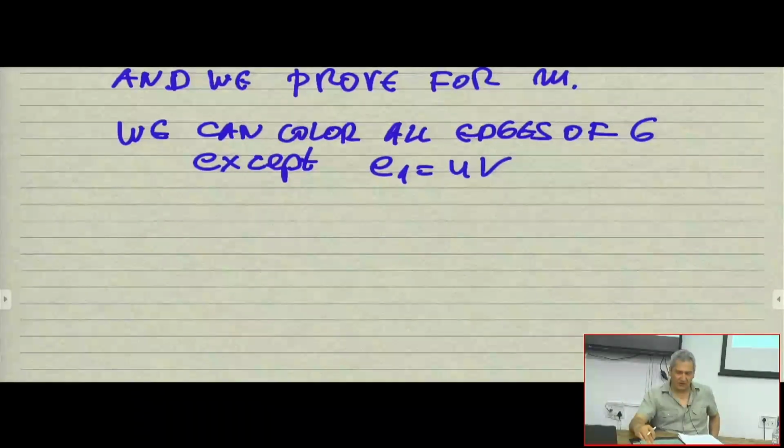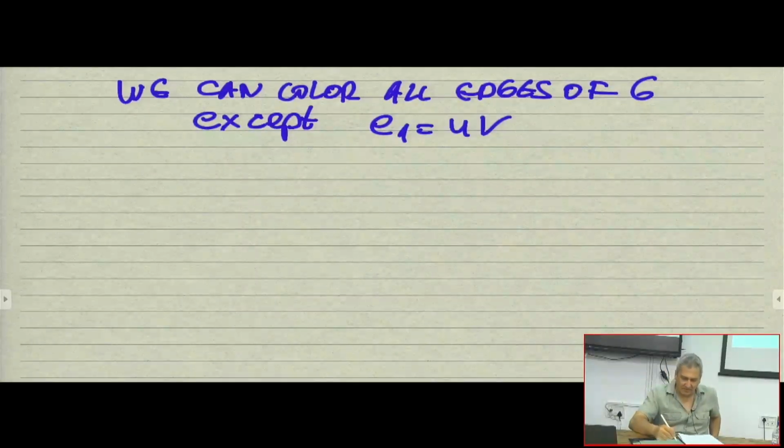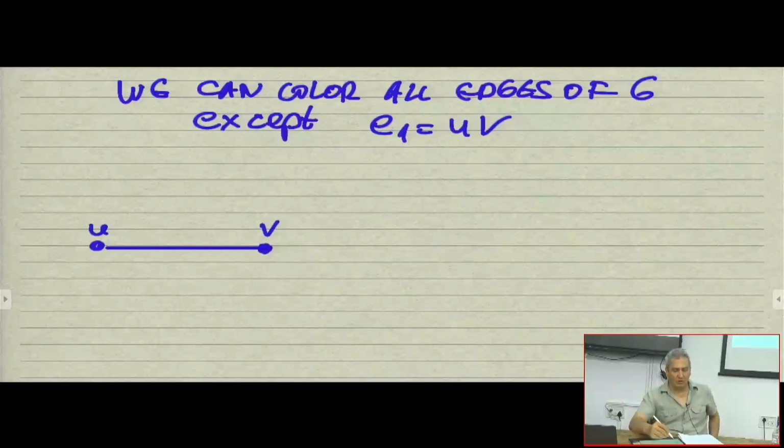I draw it here: here is U, here is V. We can assume only this edge is not colored. Everything else is colored.